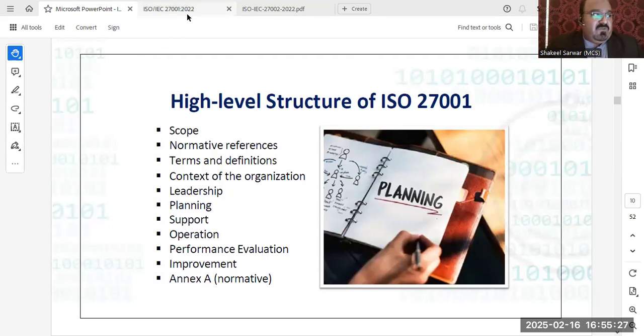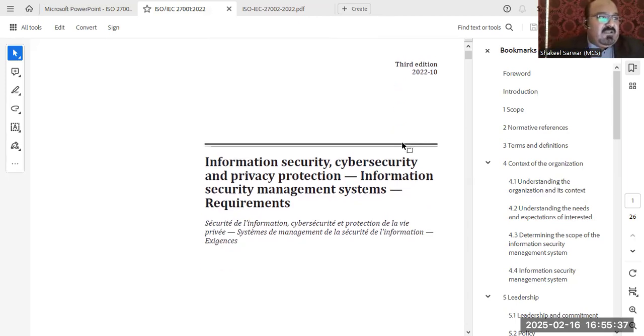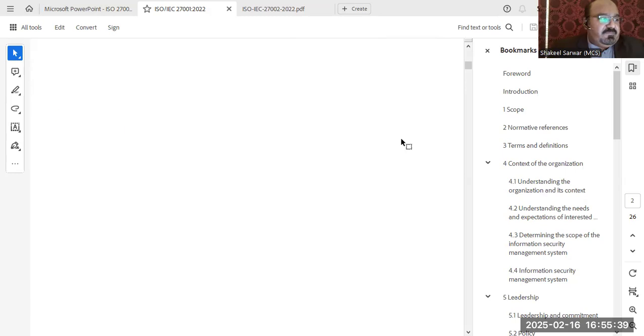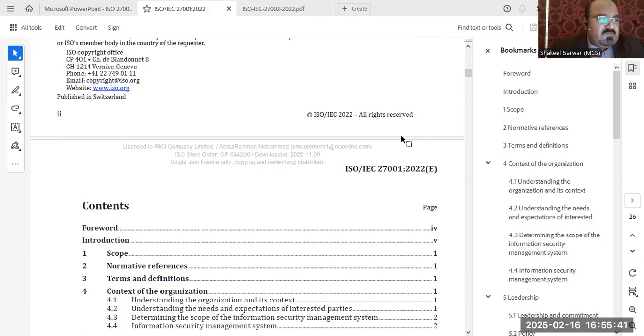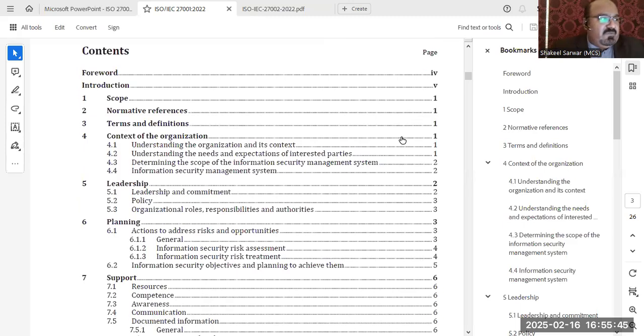So here I would like to show you the ISO 27001 standard itself, how it looks, where we are standing, and what we have discussed and studied so far. We will be discussing scope.